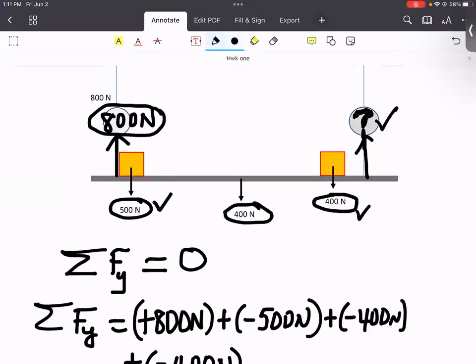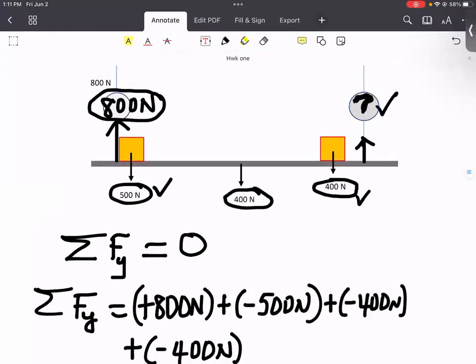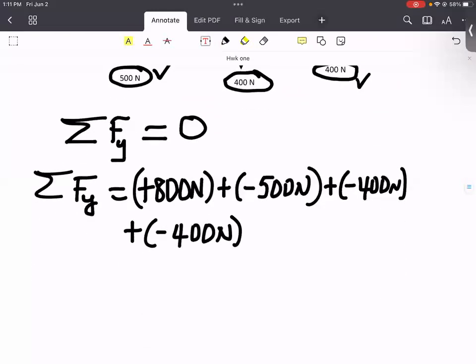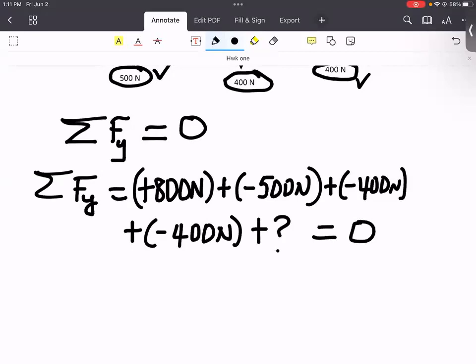I'll make a small arrow because I anticipate it's going to be smaller. I'm going to add a question mark because we don't know how much that is. The result must be 0. So I have taken care of all the forces, equal to 0, because of the condition for mechanical equilibrium.